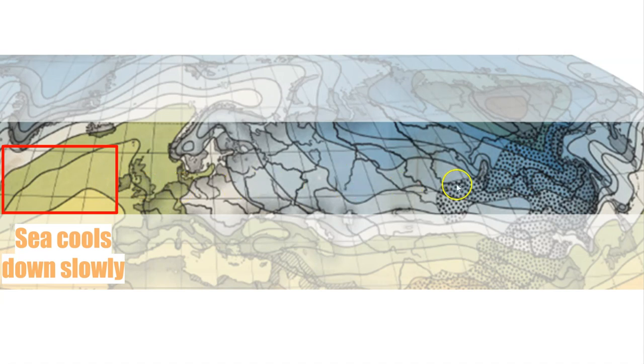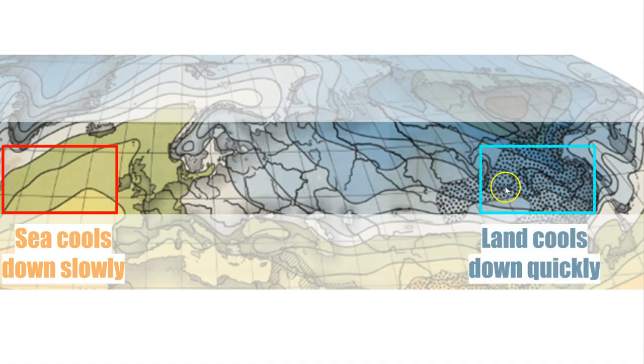Really, really far from the sea. And the land is cooling down really, really quickly. Freezing. Not just freezing as in I'm cold, but literally well below freezing. -40, -50 degrees perhaps. Really, really cold. And yet the sea is mild, because it's just taking its time. No rush. We'll just cool down slowly.